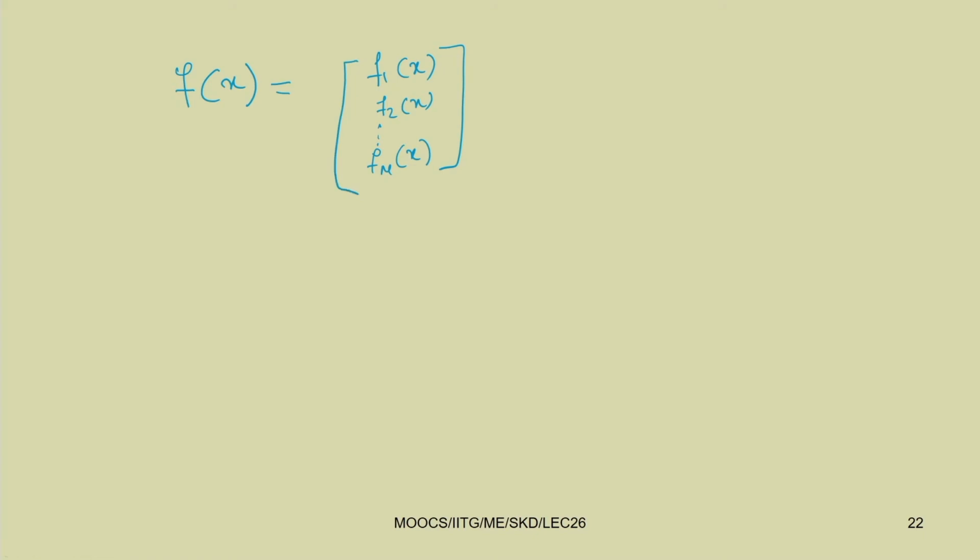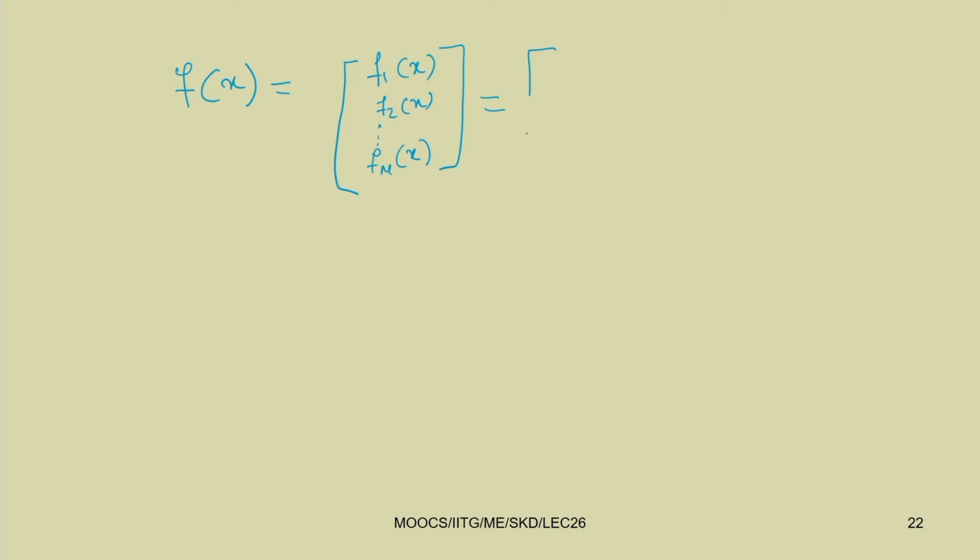The number of equations m may be equal to the number of variables n. Sometimes it may be different also, so the m number of equations may be different from the number of variables.